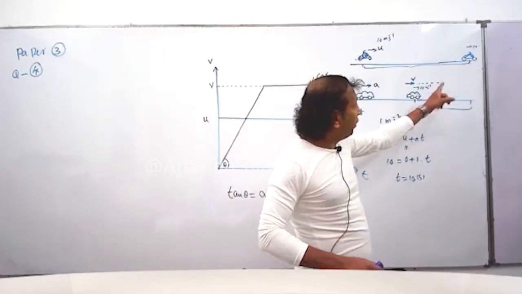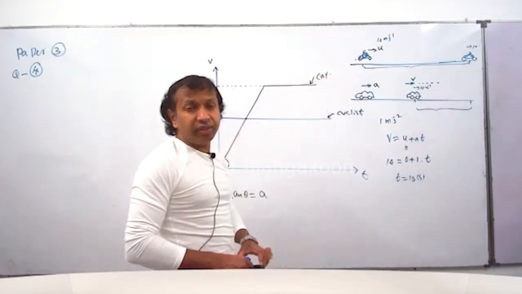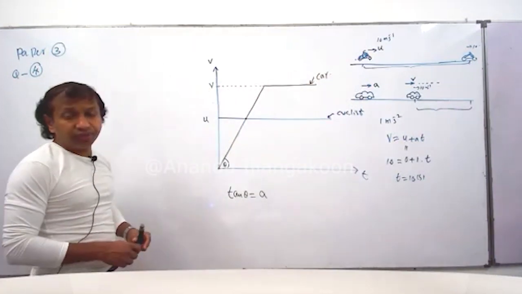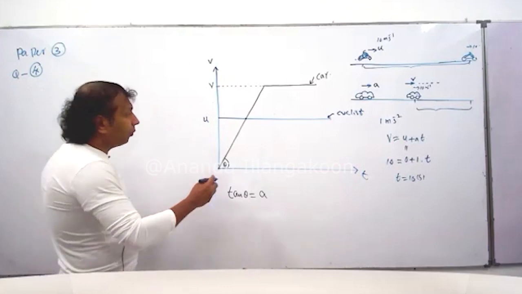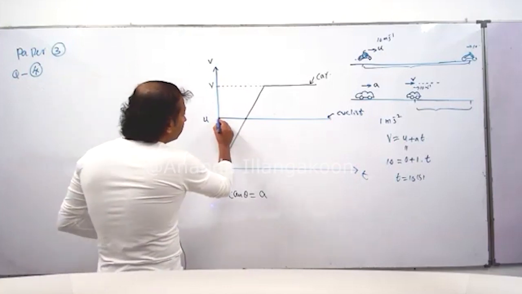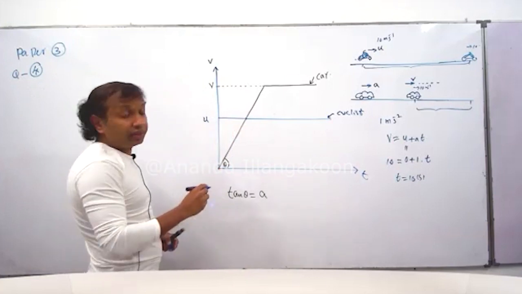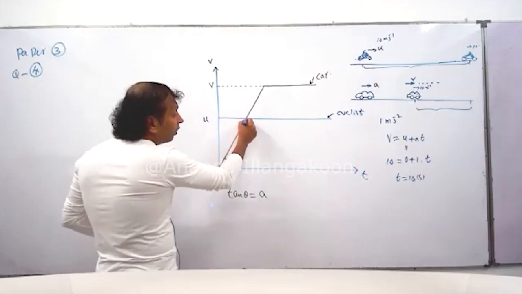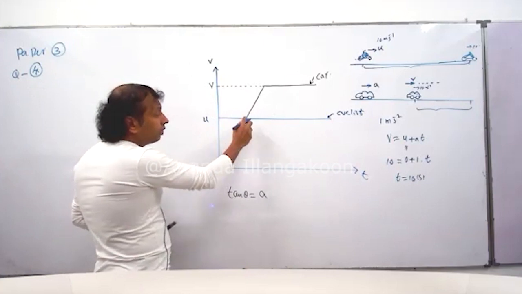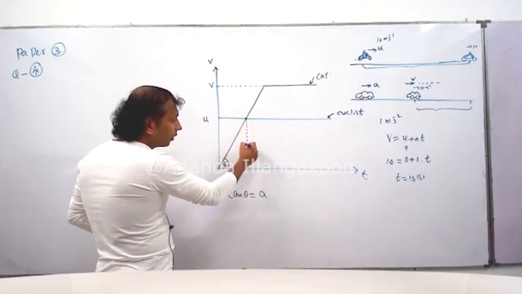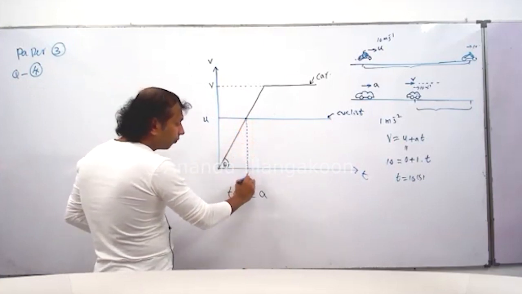This gap between them, you can very easily find in the VT graph. This is the VT graph of the cyclist, until they have the same velocity. Here at this moment, there's a certain time. Suppose this time is t.